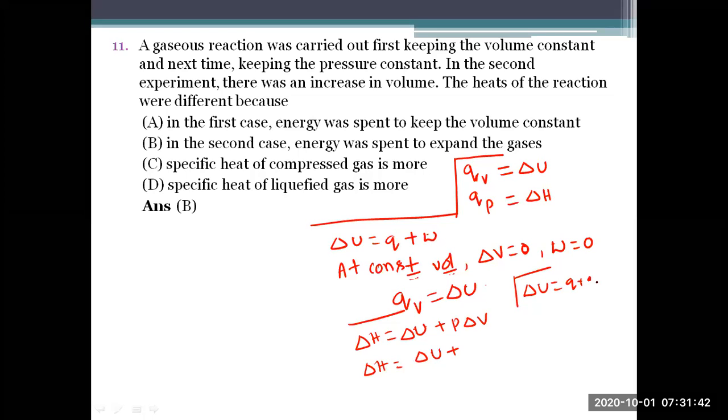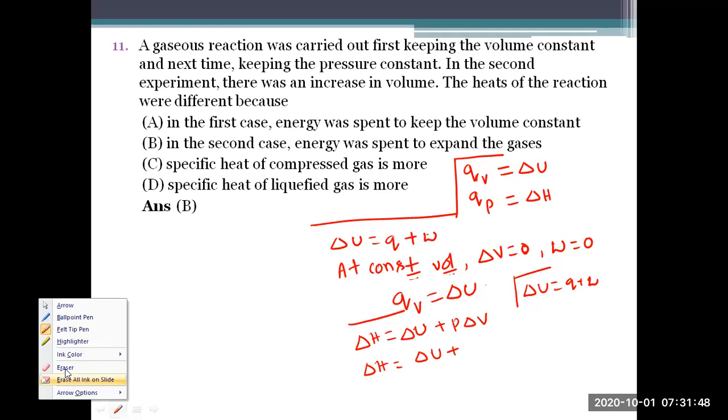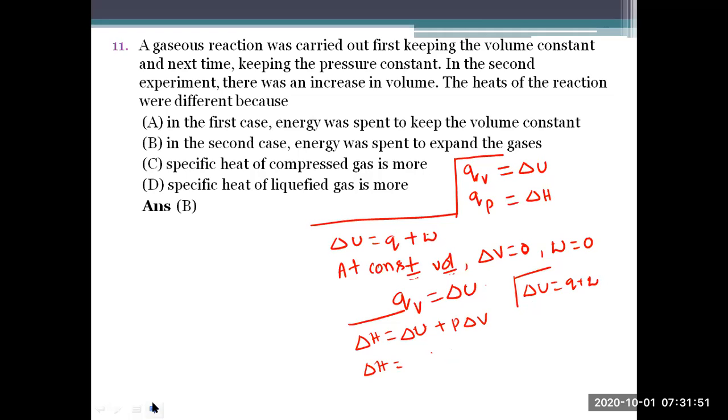I've written it there, no problem. Just take this equation. This can be Q plus W plus P delta V, right?